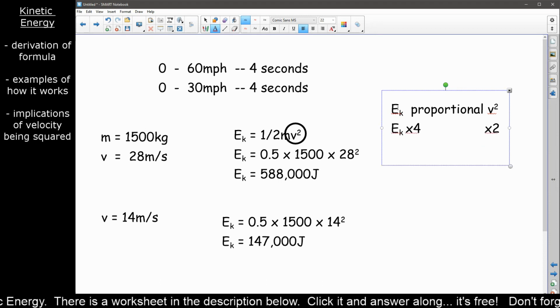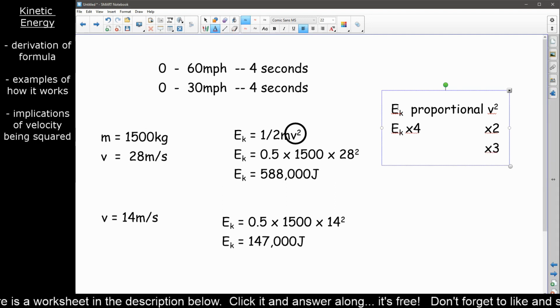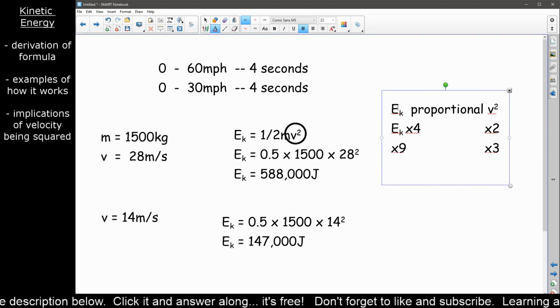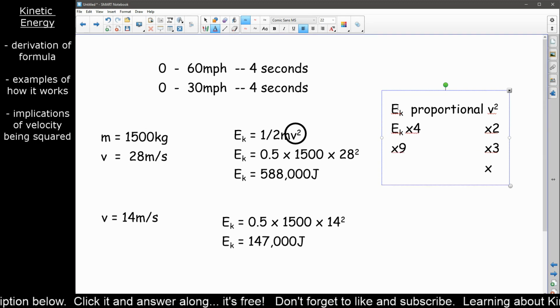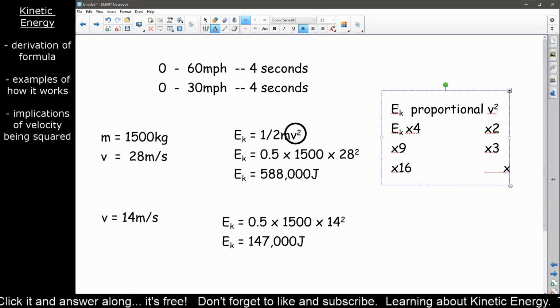If you want to triple the velocity, so you want to times that by 3, you need to multiply the kinetic energy by a factor of 9. If you want to quadruple your velocity, you need to multiply your kinetic energy by a factor of 16.